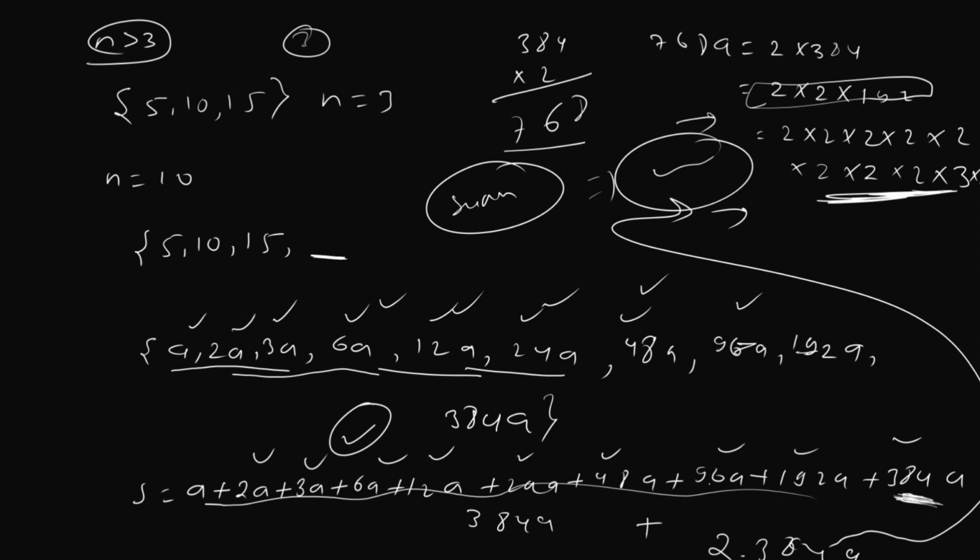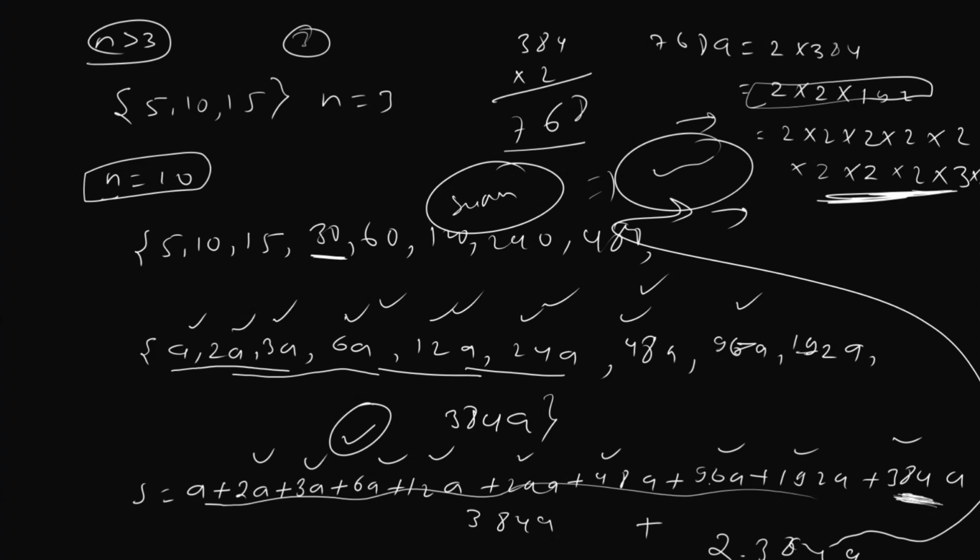So when we have to build n equals to 10 size array, then 5 3s are 15, and then we can have double of this. This is 30, and then 60, and then 120, then 240, then 480, 448, 480.